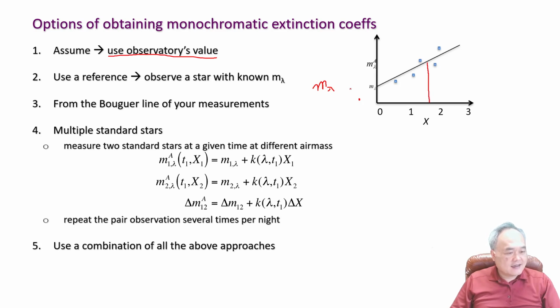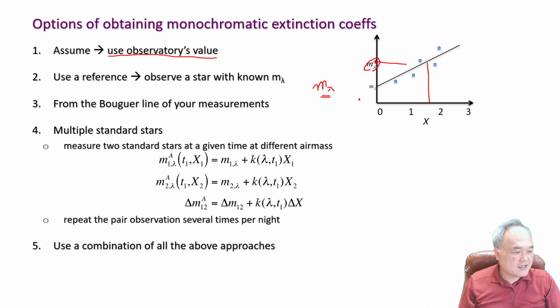Because you already know the m sub lambda for that particular star, your m sub a can be obtained from your own observation of a single standard star at a particular air mass. Then from that relationship, you can get the slope right away, that proportional constant A.